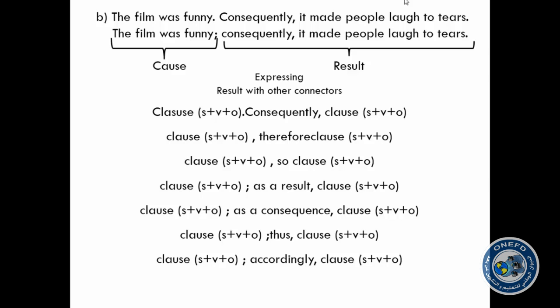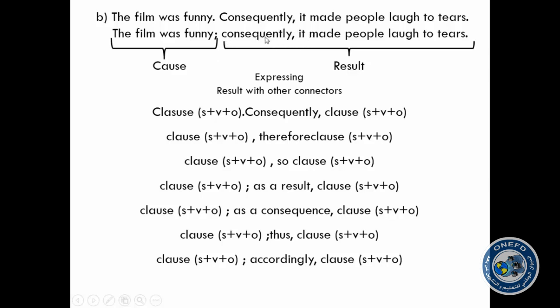So the cause is the film was funny, and the result, it made people laugh to tears. The result always comes after the connector consequently, not the opposite. You cannot put the cause after a connector that expresses result.